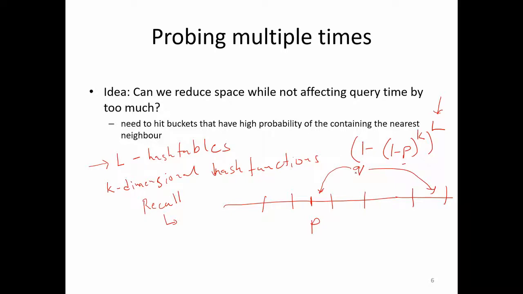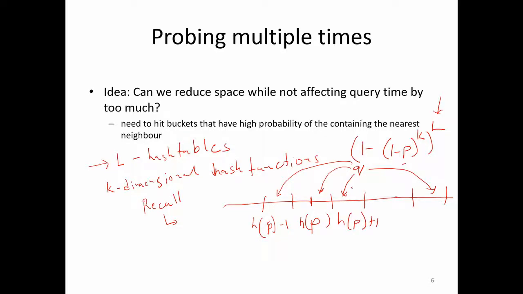So there's a chance that it will fall into a nearby bucket. Let's say it will fall into this bucket or this bucket. This is the bucket of h of p. Let us call these h of p minus 1 and h of p plus 1.